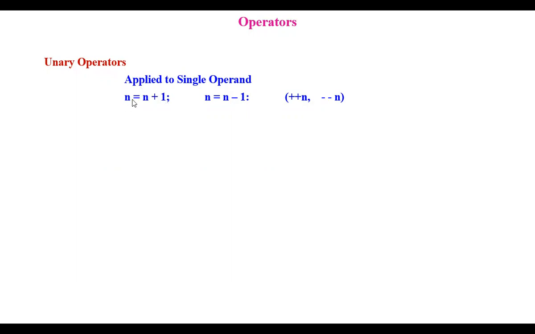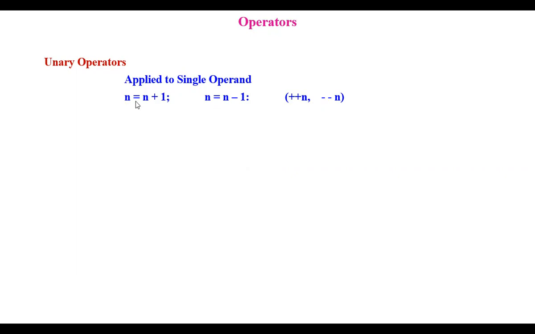So this n is equal to n plus 1, don't think of this in terms of mathematics. If you say n is equal to n plus 1 in mathematics, it is absurd, ridiculous, because n cannot be equal to n plus 1. But in computer language, computer terminology, this is different.